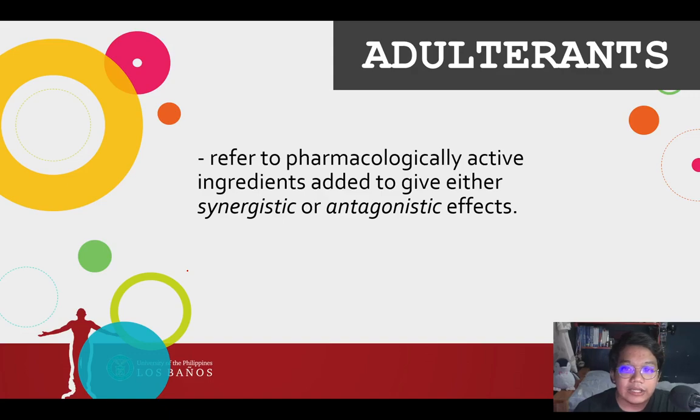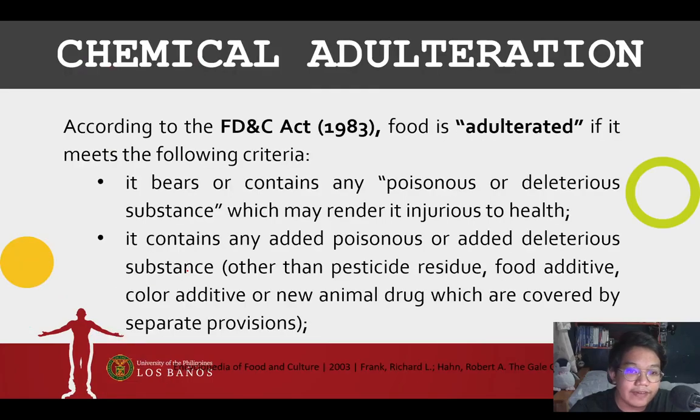So what are the adulterants? These refer to the pharmacologically active ingredients added to our sample to give either synergistic or antagonistic effects. Okay? So this is the general description of adulterants. Pero for the context of food and feed, for chemical adulteration, according to the Federal Food, Drug and Cosmetics Act of 1983, the food is adulterated if it meets the following criteria.